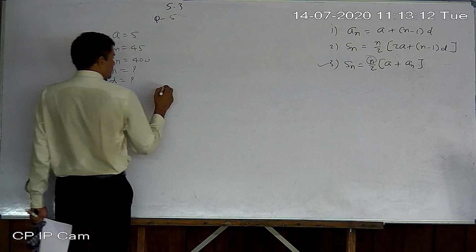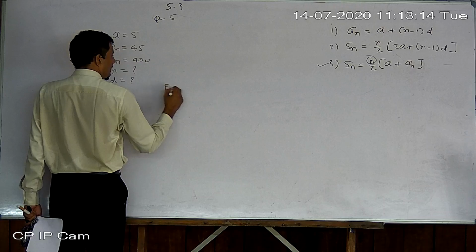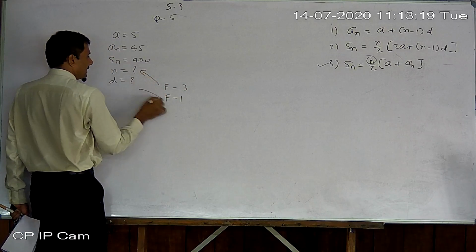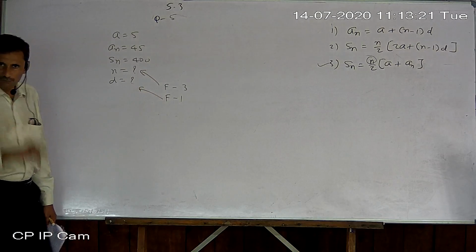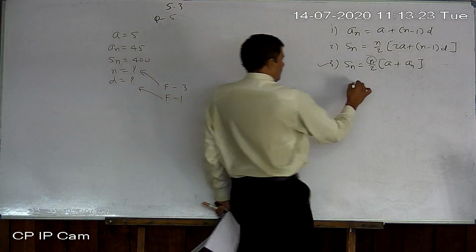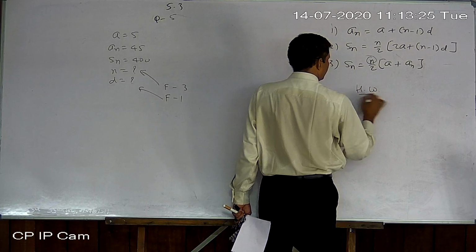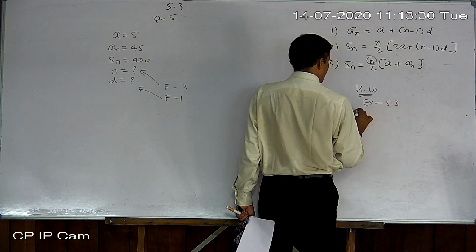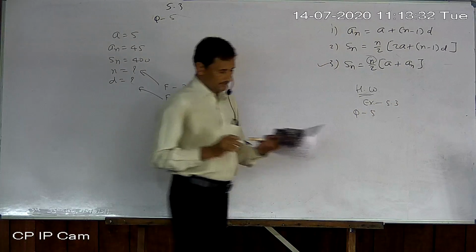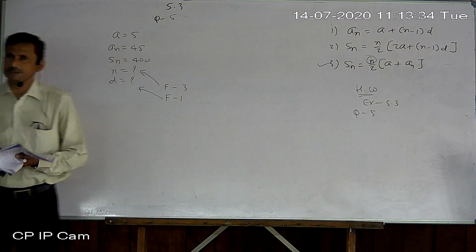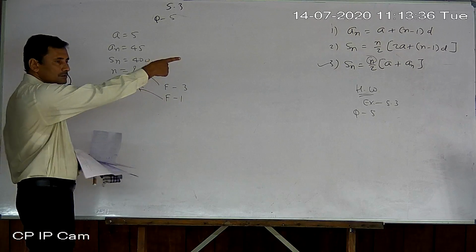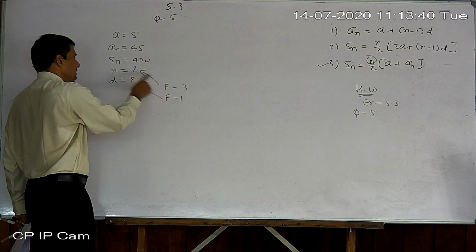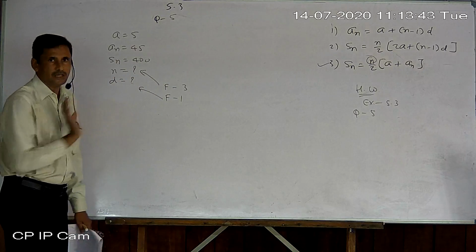So first formula number 3 and then formula number 1. Both answers you can get. Okay, homework: 5.3 textbook, question number 5. Very simple, just make a list and look which one is applicable first, then after getting that answer, which one is applicable next.